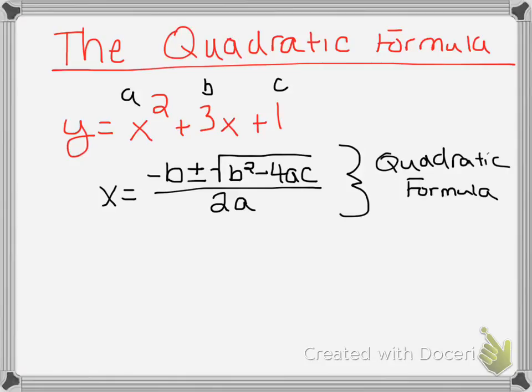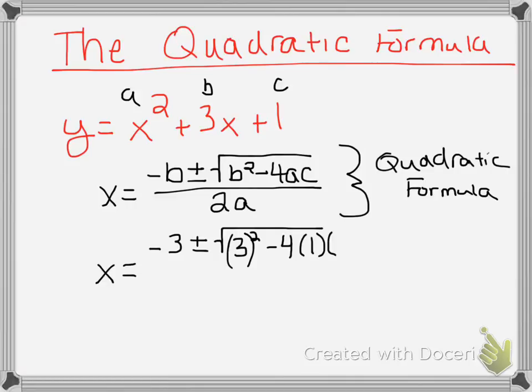So, what we do to solve this equation is we plug in the a, b, and c everywhere that it calls for. So to solve for x, we have the opposite of b, which is negative 3, plus or minus the square root of b squared, that's 3 squared, I'm going to put it in parentheses, minus 4 times a, which is 1, times c, which is 1, all over 2a, which is 2.